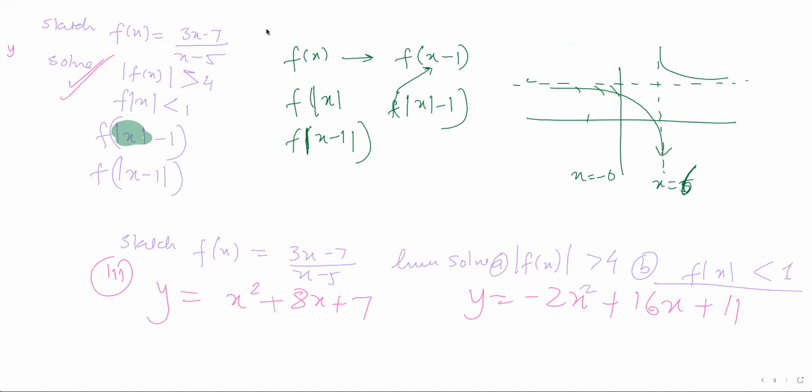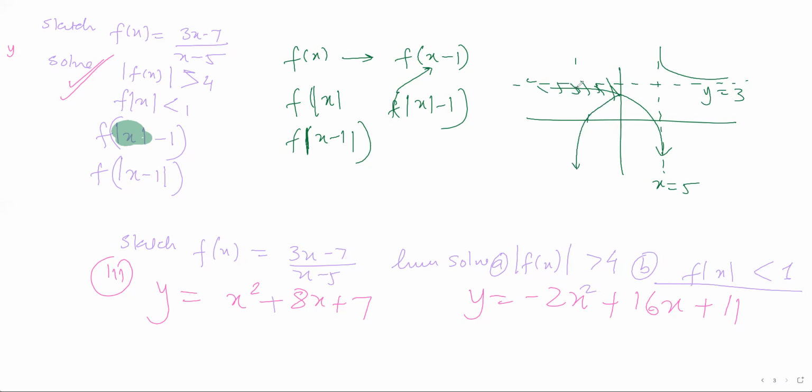In this case, you're going to first draw f of mod x. So in this second case, your graph is going to have x equals 5, and you draw f of mod x here itself. Cut down this side; y equals 3 was the horizontal asymptote.